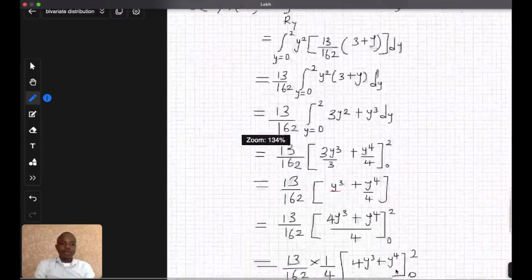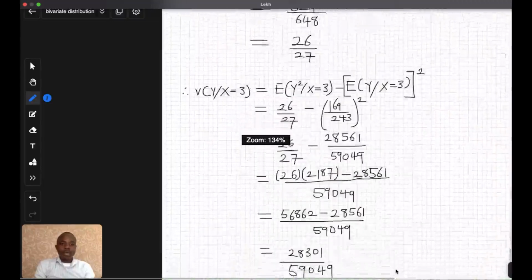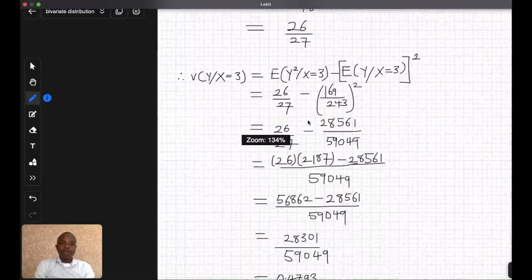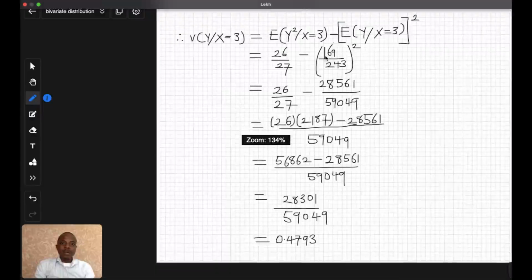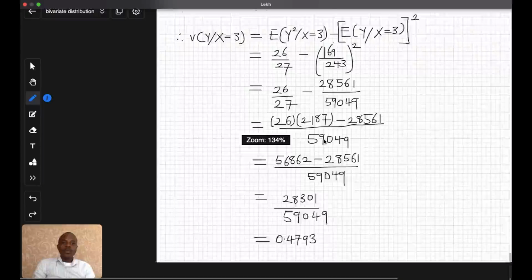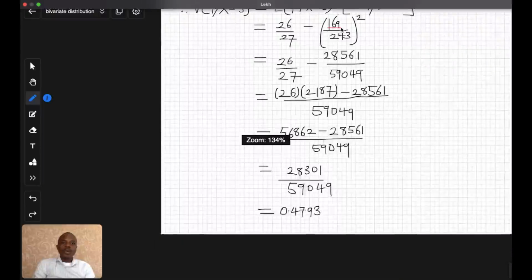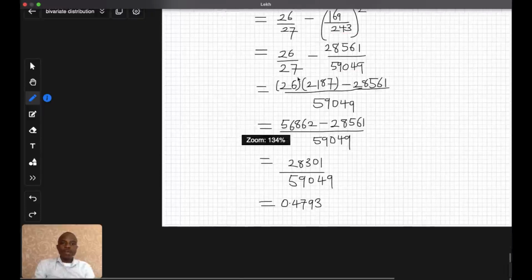All right, so going on, we are fixing those values in their respective places, and then we get this. After squaring 243, we obtain this. Now we square 169, get this. Doing your LCM, you find out that 27 can actually divide what you have here.